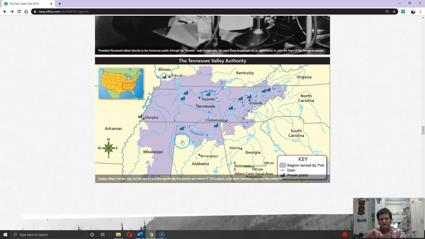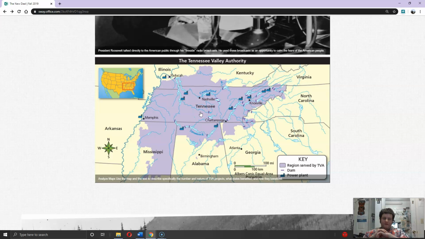The problem with the Tennessee Valley is, while it's very good farmland, there's not a lot of electricity here. And there's a problem that it's flooding.